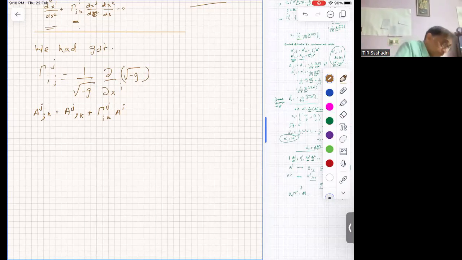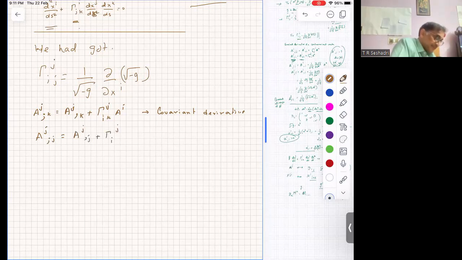And I said that for covariant divergence, okay, for covariant divergence I have A^j semicolon j is equal to A^j comma j plus gamma^j_{ij} A^i.